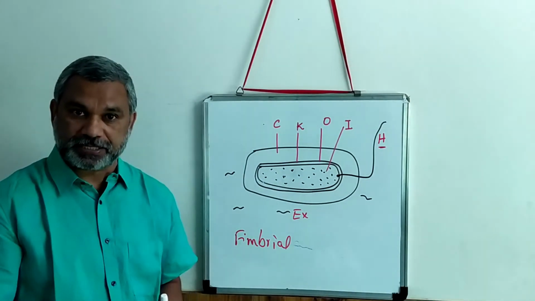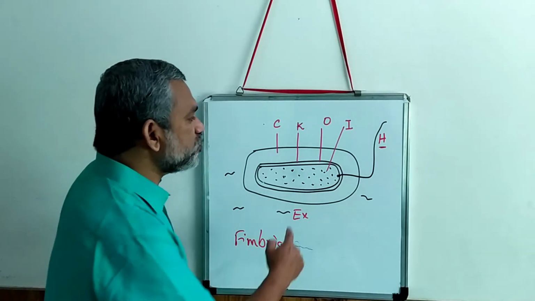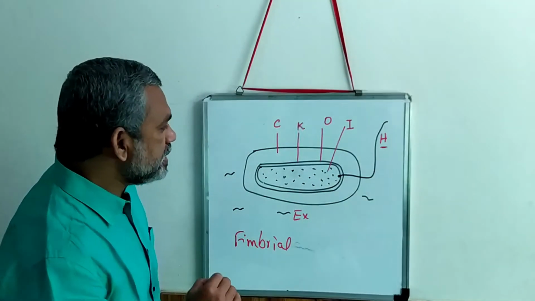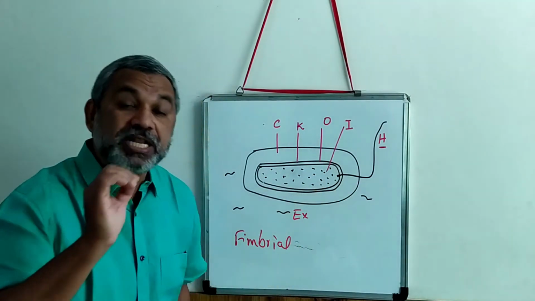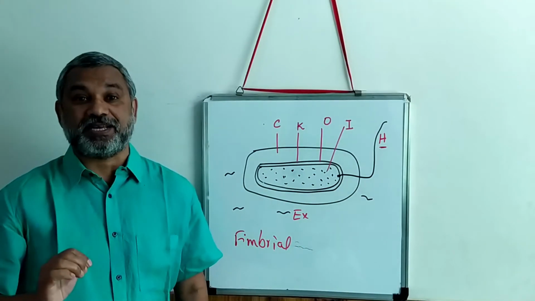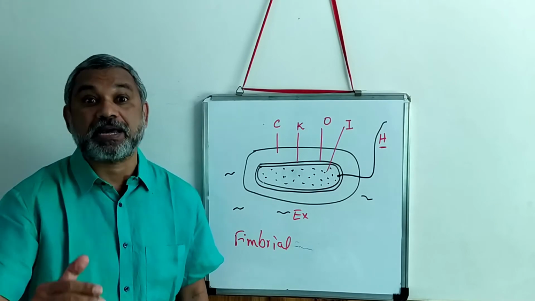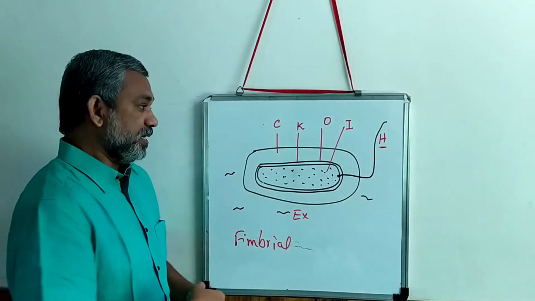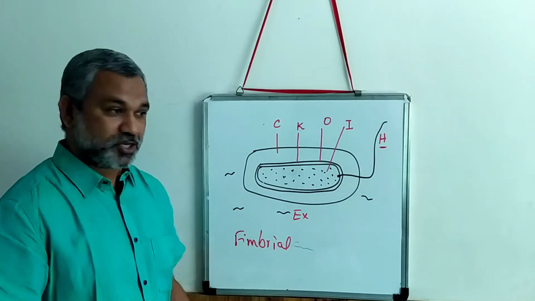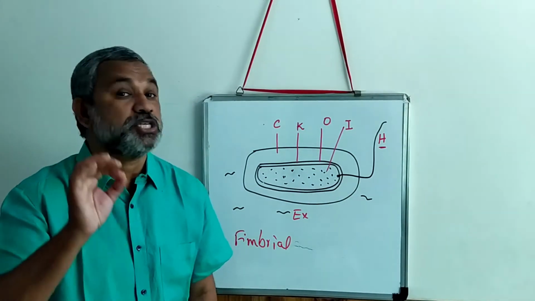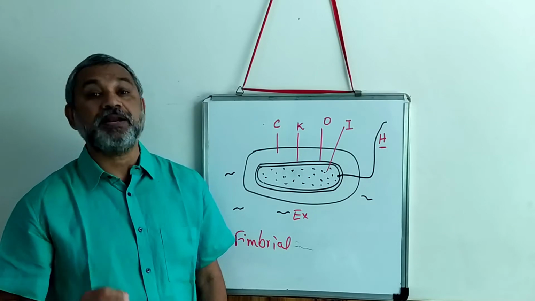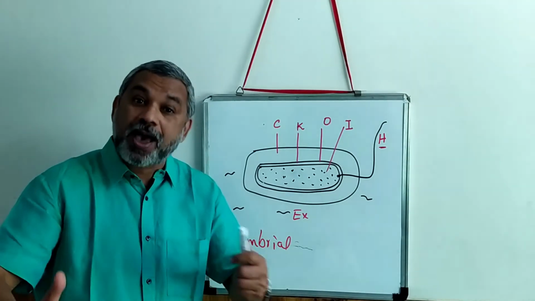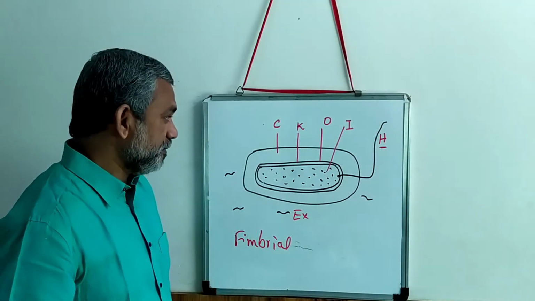Another antigen is what we call the O antigen, which is the lipopolysaccharide. You know that lipopolysaccharide is used especially as an adjuvant in inducing immune response. So this O antigen is also a very potent antigen. Roughly about 75 different types of O antigen have been identified.